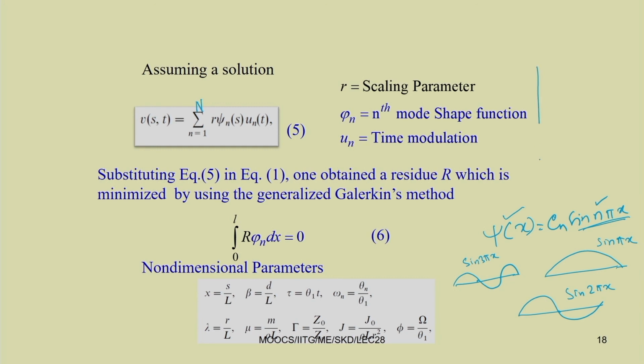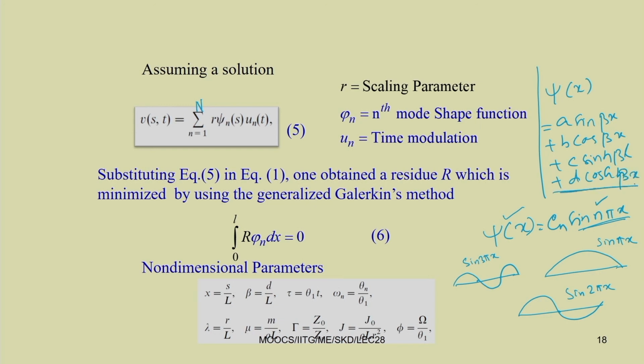Initially you can write the generalized equation, which is the solution for the Euler-Bernoulli beam equation, psi n x equal to a sin beta x plus b cos beta x plus c sin hyperbolic beta x plus d cos hyperbolic beta x.